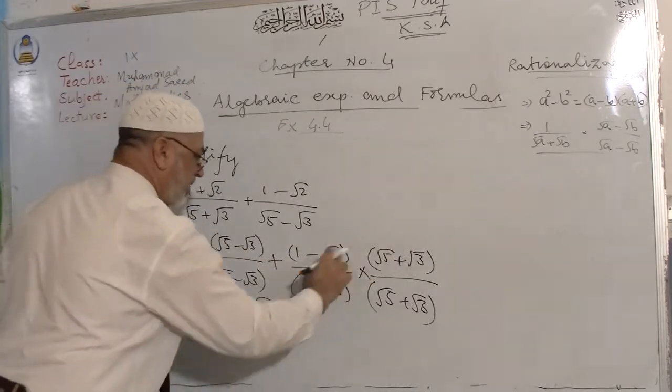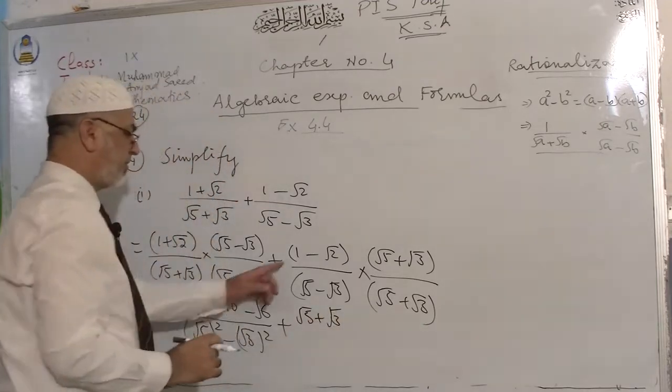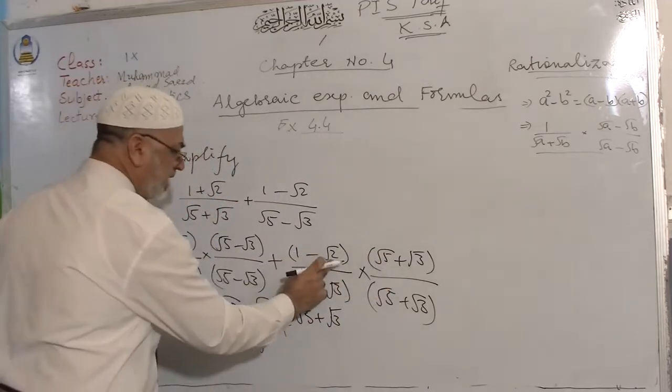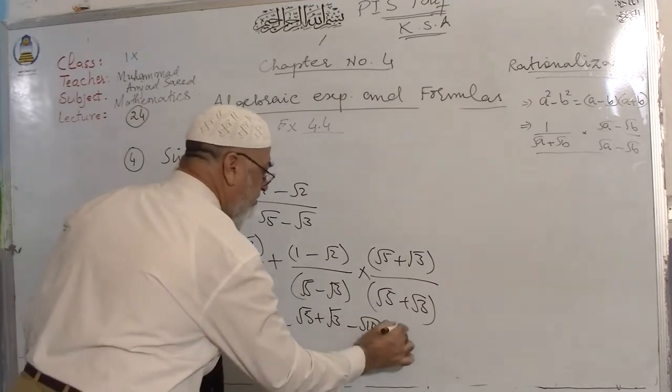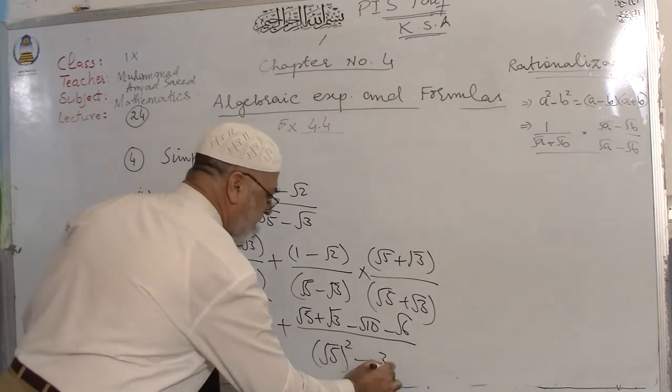Now multiply again. 5 under root plus 3 under root with 1, and with minus 2 under root is minus 10 under root minus 6 under root divided by first square minus second square.